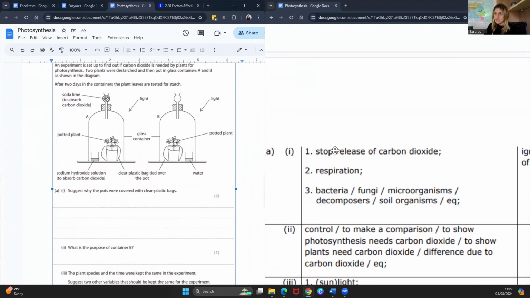In fact, notice the solution: it's stop release of carbon dioxide, or something to mention about respiration of bacteria, fungi, microorganisms, and whatever is in the soil, because at the end, you're stopping the soil. I know, tricky. What is the purpose of container B? Did you notice this was another control? Once again, what is the control? To make comparison. Okay?